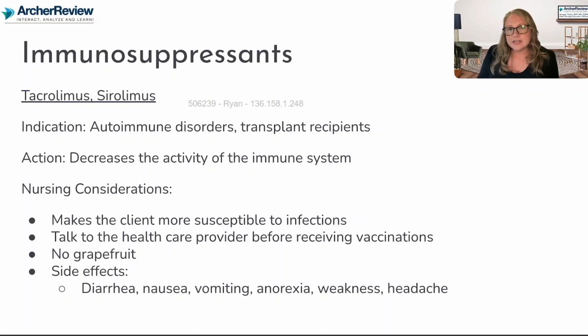For that reason, they should talk to their healthcare provider before they receive vaccinations. We'll talk about vaccinations here shortly, but as you probably know, vaccines activate our immune system so that we can learn to fight off a virus. Now, you and I, our vaccines are going to stimulate an immune response and we're going to be just fine.